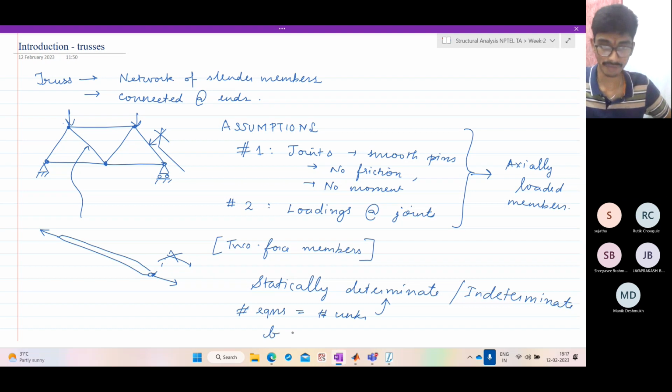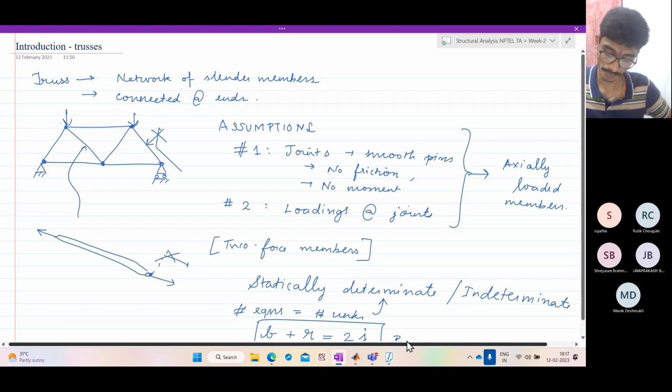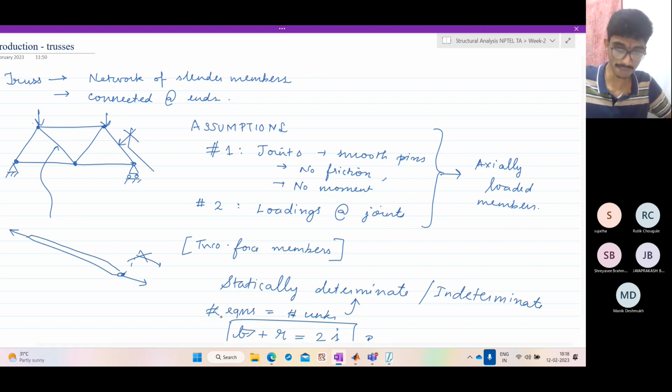You may be familiar with the condition where the number of members plus the number of reactions should be equal to 2 times the number of joints for planar trusses. Today, we'll be limiting ourselves to statically determinate planar trusses.